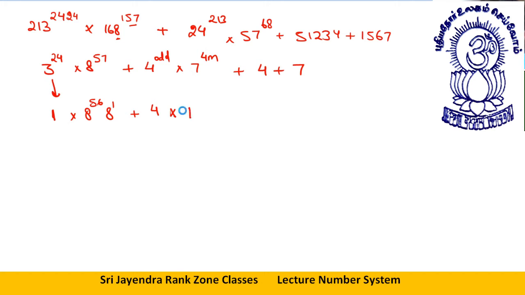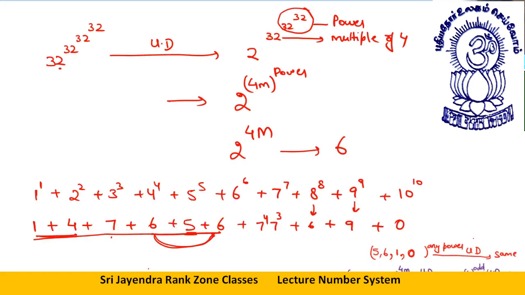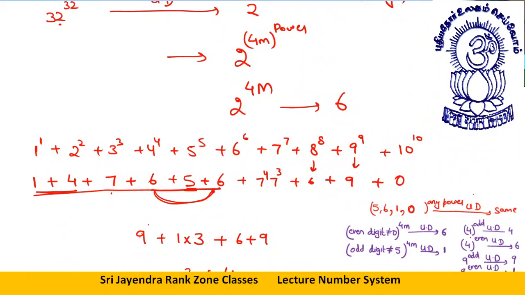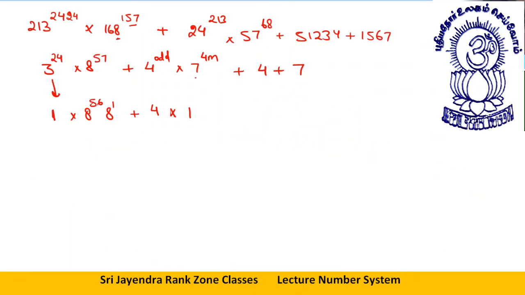I'll show you again. 4 raised to an odd power is 4. Any odd digit raised to a power that is a multiple of 4 will give me a 1, plus 4 plus 7. So I get 1. This is 8 raised to power.